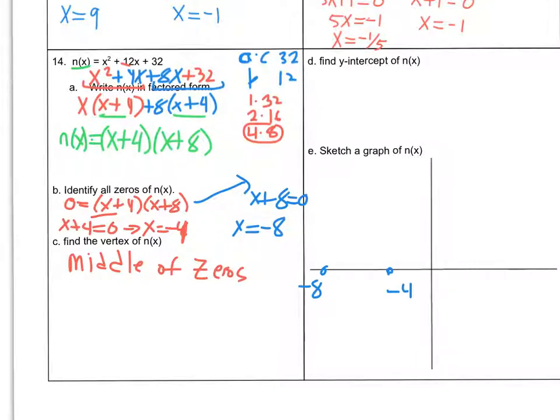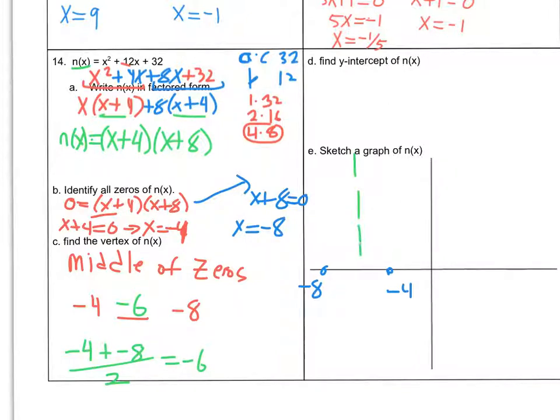If you're wondering where my Freudian slip of negative 6 came from a few minutes ago, it was from here. So if I've got negative 4 and negative 8, exactly in the middle of these two would be negative 6. The math for this, if you want to do it out, would be the average. So I'm going to add these two pieces together and then divide by 2, and that also gives me negative 6.